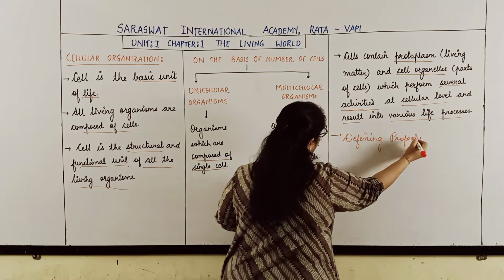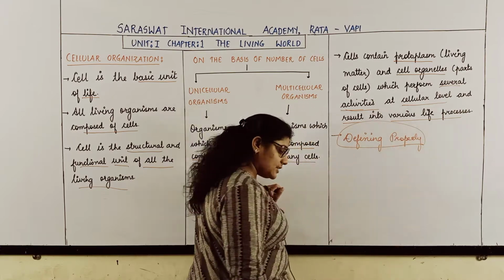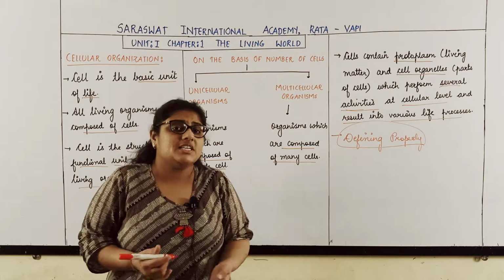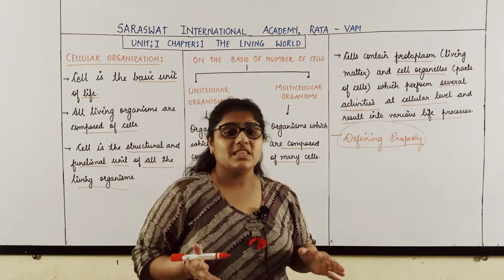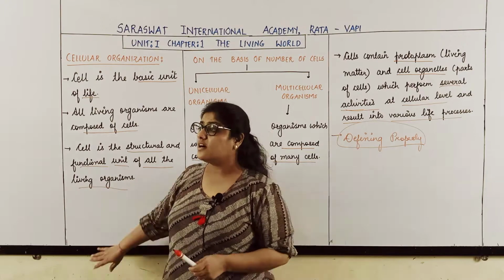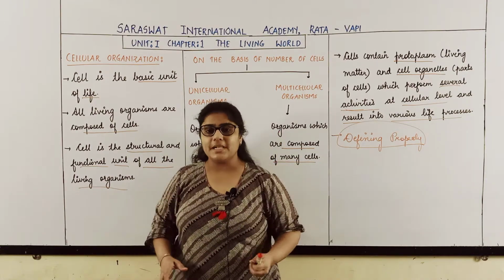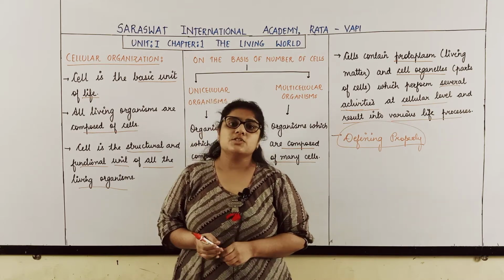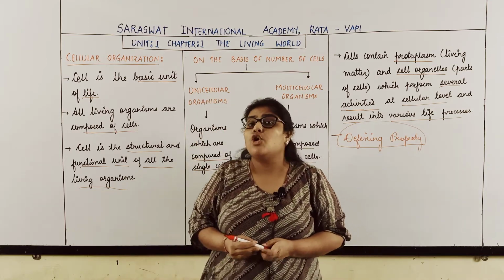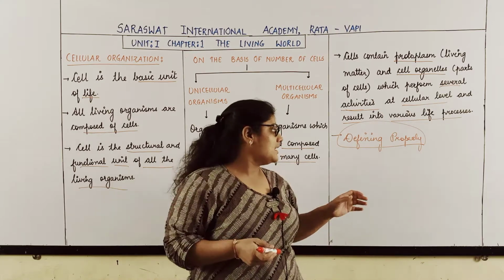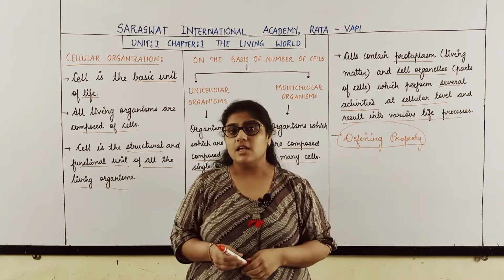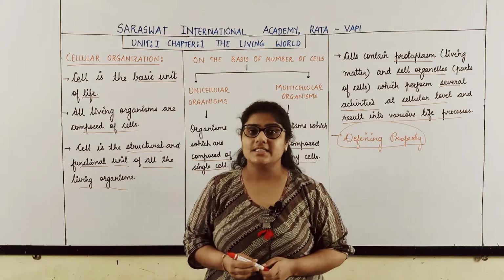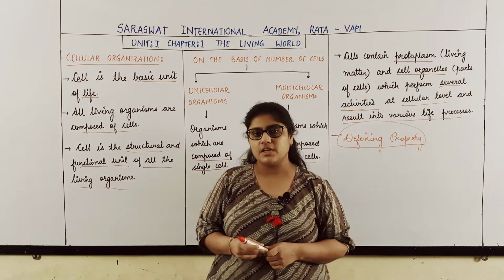Which type of property is cellular organization? It is the defining property. Which defining properties do we know? Any property without any exception. Here there is no exception. It is compulsory that all living organisms are made up of cells, and no non-living objects will contain cells. So hence cellular organization is considered a defining property of life.